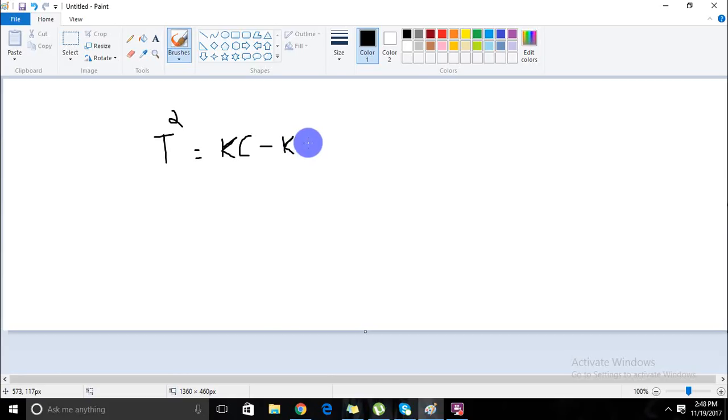Another thing to note is that when we draw a graph, we keep the independent variable on the x and the dependent on the y. So if we were to plot, say, radius against t square, for example, because we want the relationship between them, don't we?